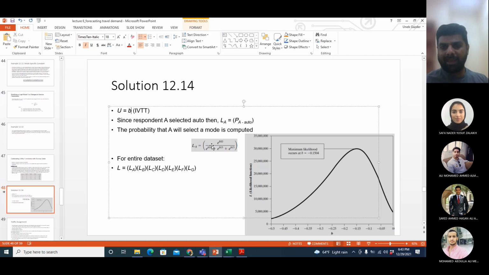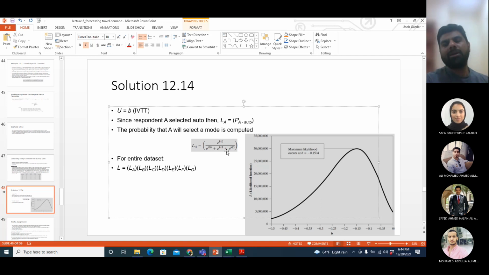For respondent A, the probability of selecting auto is exponential to the power utility of auto, divided by the summation of all exponentials: exponential to the power B into 10, the time of auto, plus exponential to the power B into 13, the time of bus, plus exponential to the power B into 15, the time of railway. This equation will give you the probability of selecting the auto mode, which is the actual mode he has chosen. So this is the maximum likelihood for person A.